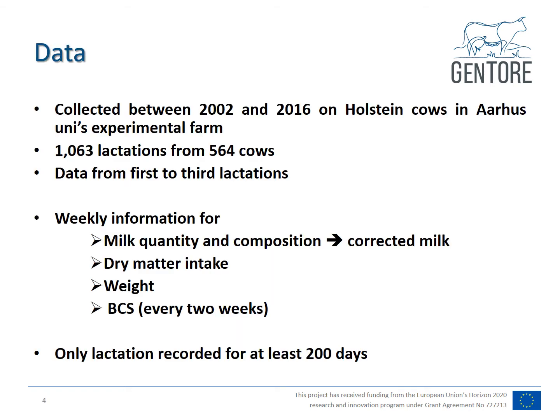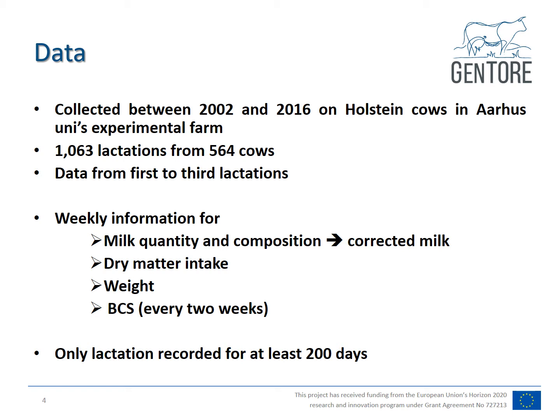To answer this question, we used the data from the University of Aarhus experimental farm. So the data were collected between 2002 and 2016 on Holstein cows, and they were from a little bit more than 1,000 lactations from 564 cows, and the data were from first to third lactations.